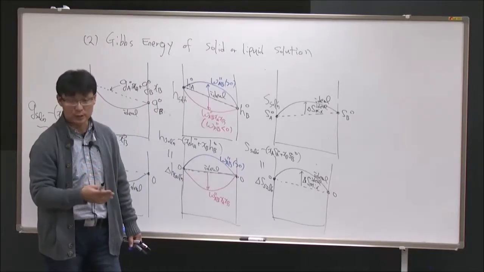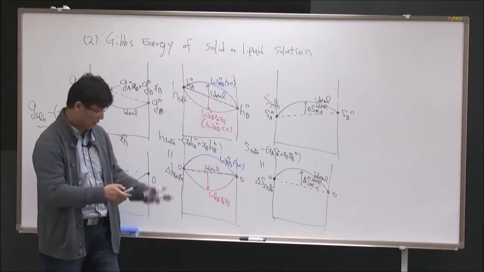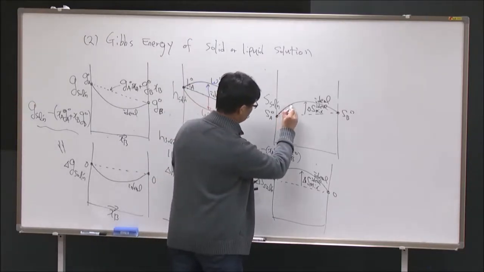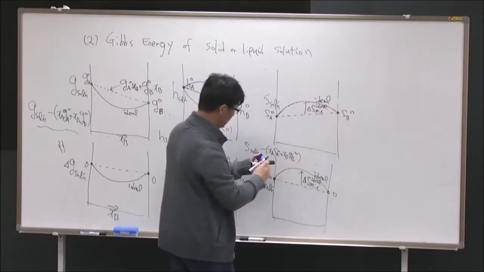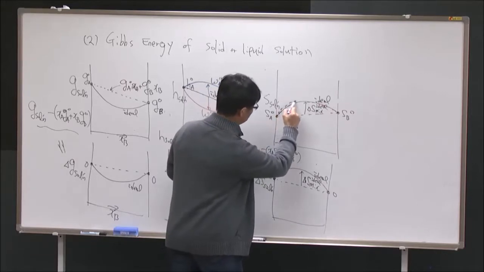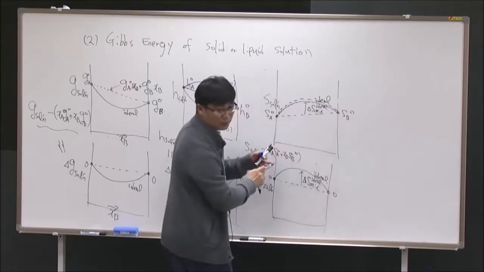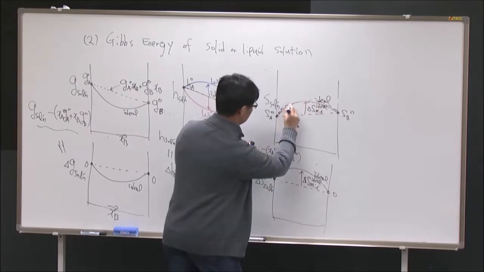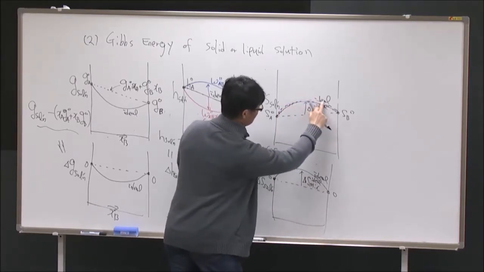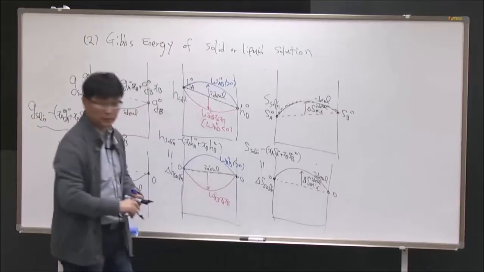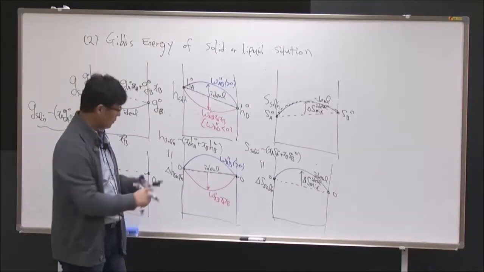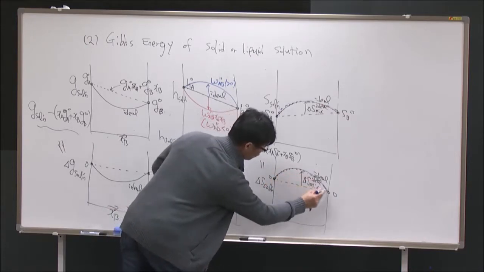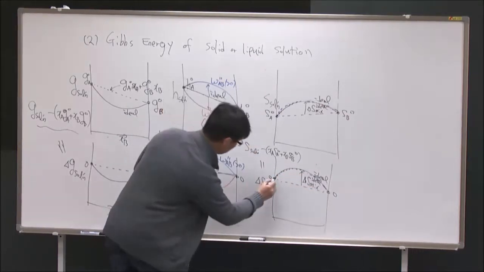Entropy of solution is not changing depending on your omega value. So it's independent. So this should be the same curve, okay? It's not different. Same thing here, because omega is not contributing to the entropy term. It's only contributing to the enthalpy term, yeah?